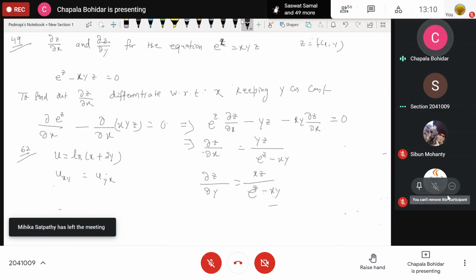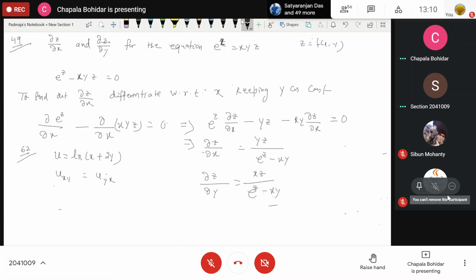Check it. u of x is equal to 1 by x plus 2y.